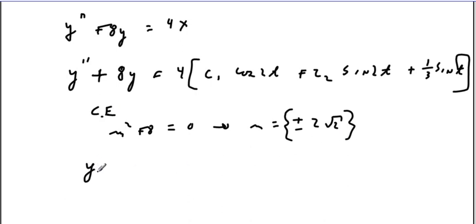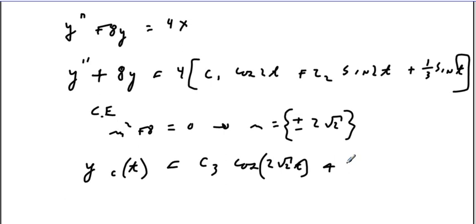So y sub c of t is going to be, we'll go with C3, C3 cosine 2 the square root of 2t plus C4 sine 2 the square root of 2t.